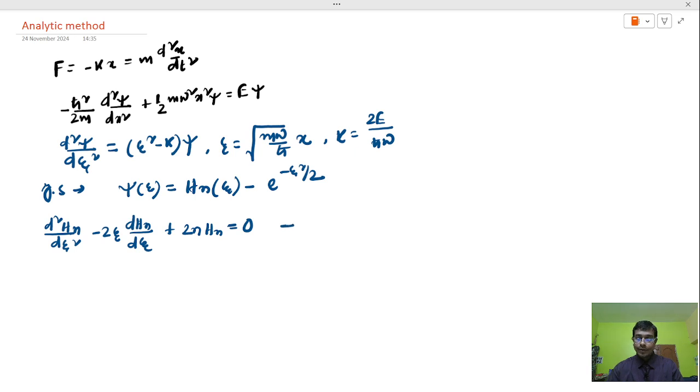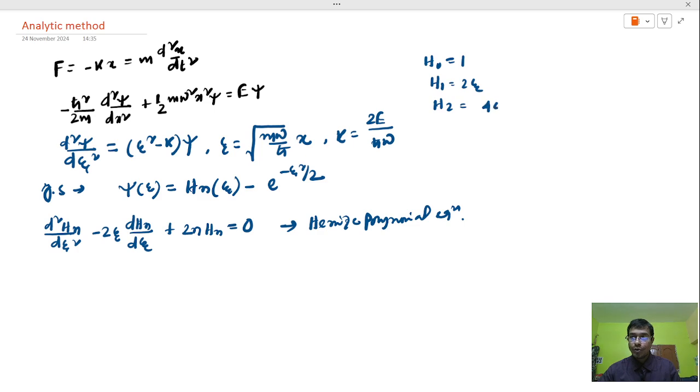This is our Hermite polynomial equation. Basically here H0 equals 1, H1 equals 2 xi, and H2 equals 4 xi squared minus 2. This is our first approach.